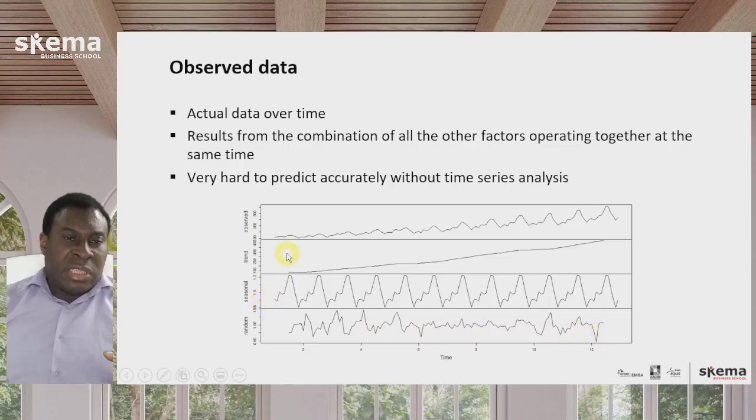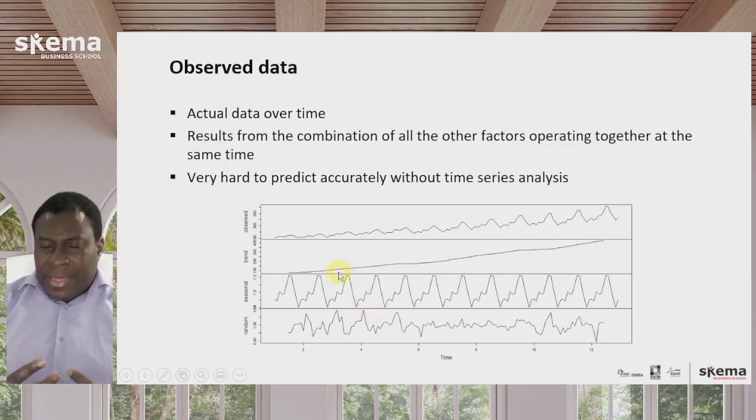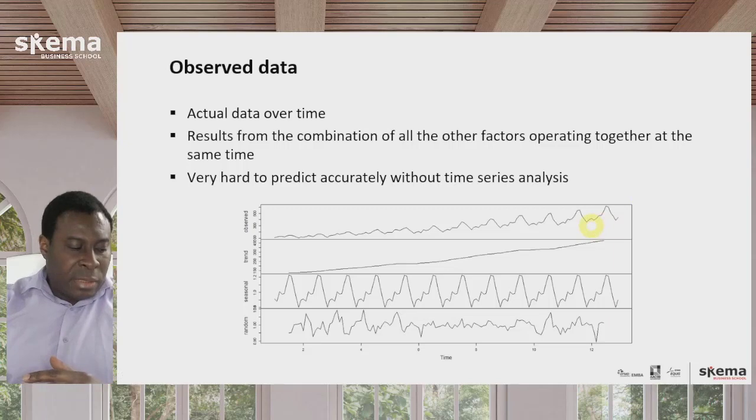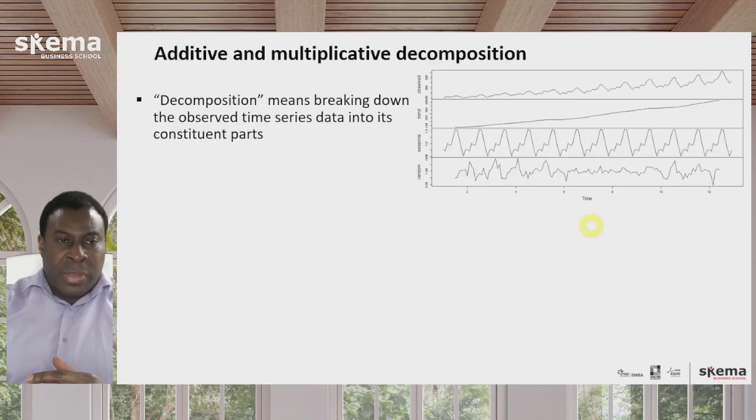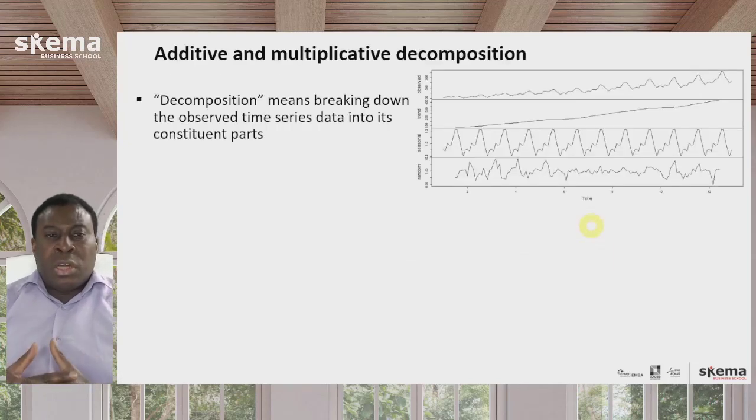Time series analysis, by breaking down these three key components, has very high predictive value that other approaches do not. Now, that said, even if you can break down these three components, how exactly do you add them and bring them together into your predictions for future observed data? That comes to the topic of additive or multiplicative decomposition.